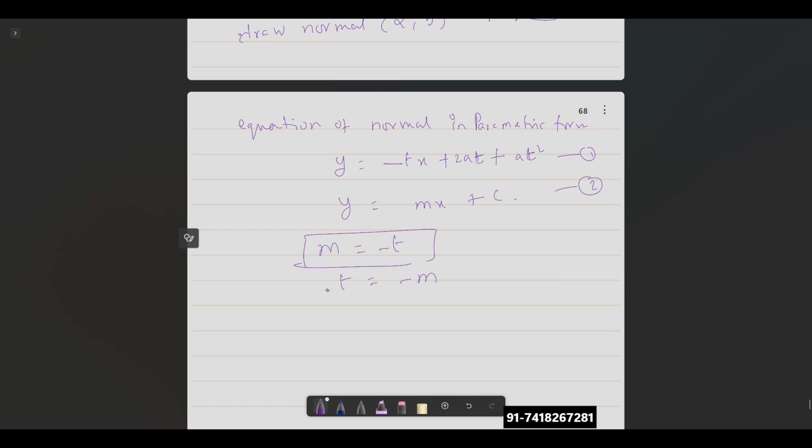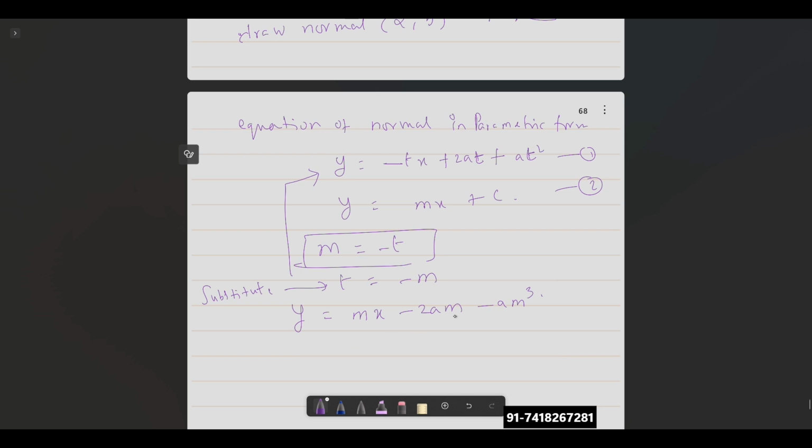So if you replace t with minus m, then substitute this into this, and the equation becomes y is equal to mx minus 2am minus am cube.